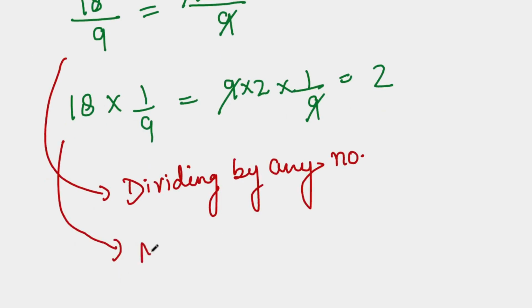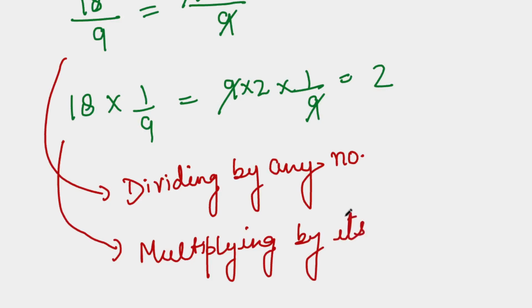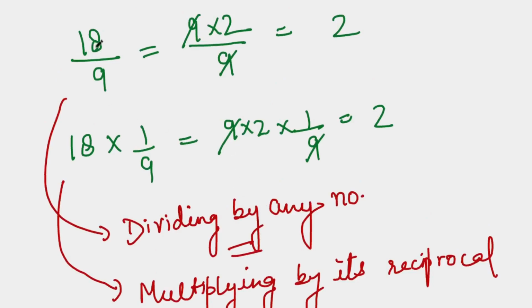This reflects that you are multiplying by that number's reciprocal. Multiplying by its reciprocal. Okay. They both are one and the same thing. So whether you say 18 is divided by 9 or you say 18 is multiplied by the reciprocal of 9, they both are one and the same thing.